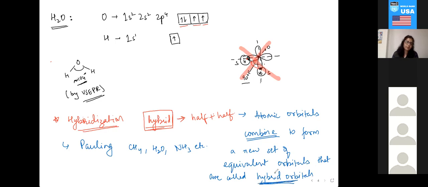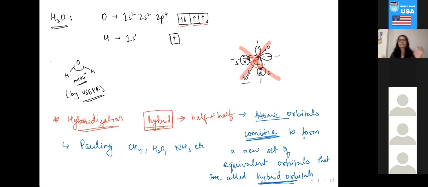And what type of hybrid orbitals are formed and which atomic orbitals take part in combining will depend on the context. Context in the sense of which atomic orbitals are available and how many bonds the atom needs to form: 2 bonds, 3 bonds, 4 bonds, 5 bonds, how many bonds have to be formed.